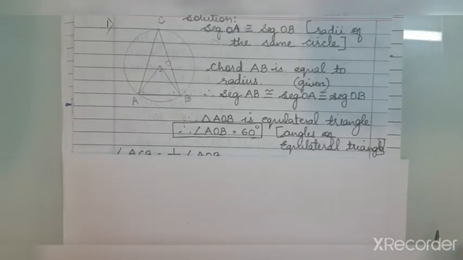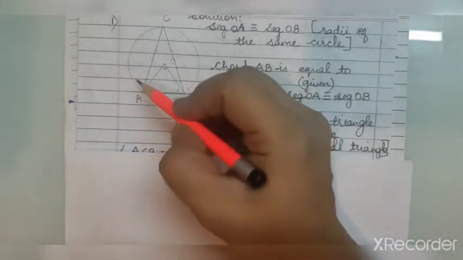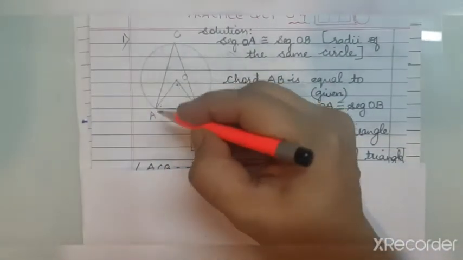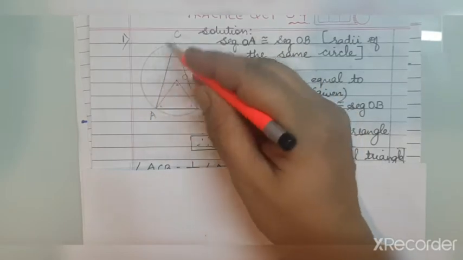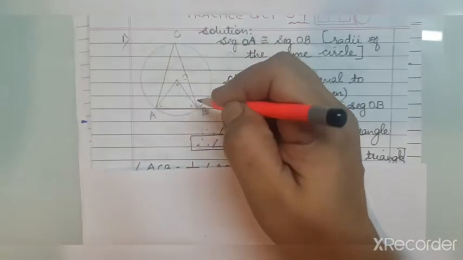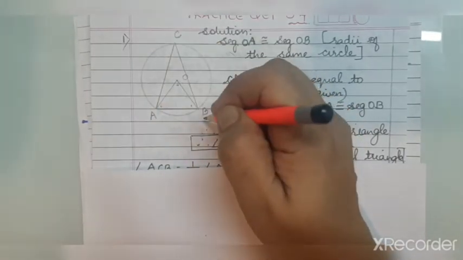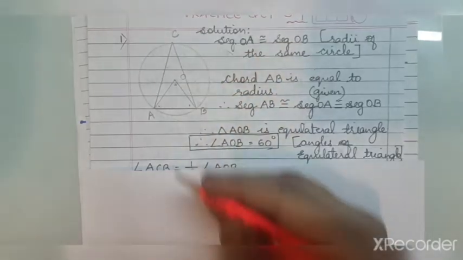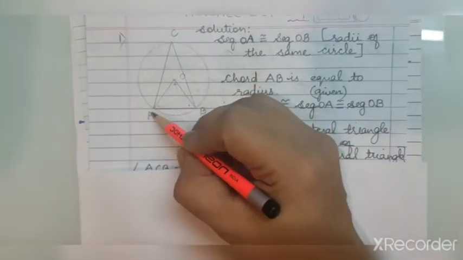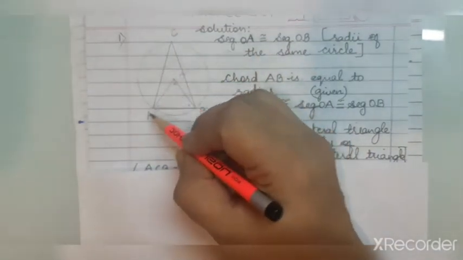Now the second thing is we have to find the measure of angle ACB. If you look at the figure, angle ACB here is an inscribed angle. Clear? And one more thing, angle AOB is a central angle.